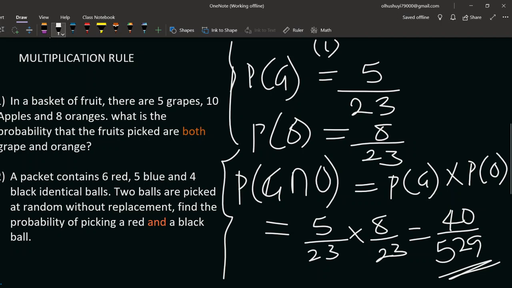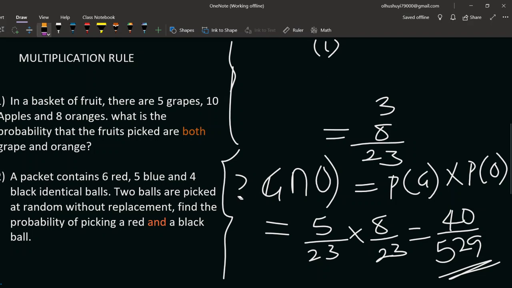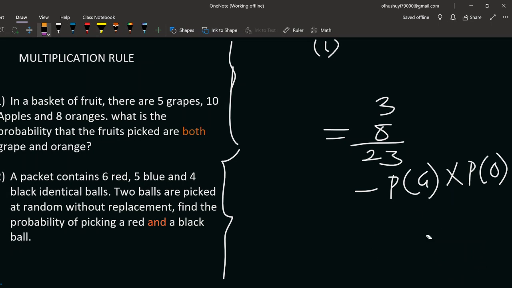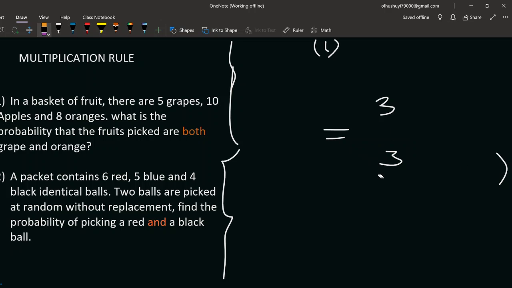Question 2. The next question says, a packet contains 6 red, 5 blue, and 4 black identical balls. 2 balls are picked at random without replacement.